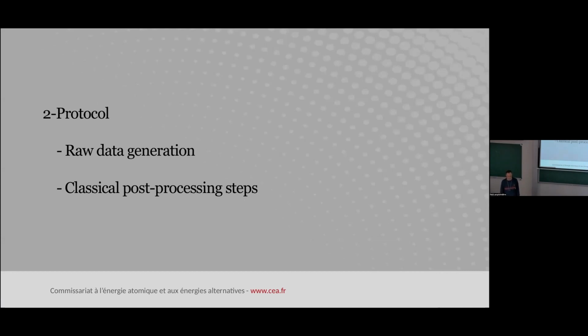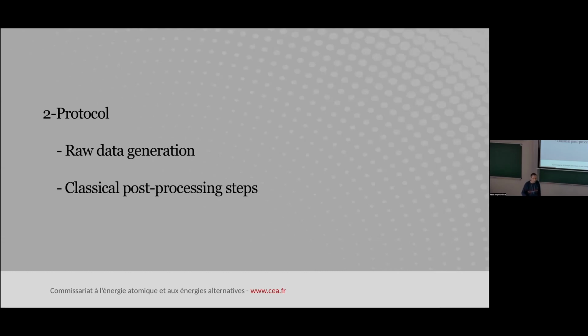All right, so let me just give you a brief overview of how those things can be put together to actually reach a protocol producing a key. Basically in the protocol, there will be two main steps. One is the quantum part, where we measure quantum systems, and the other is more about actually processing the data we obtain.